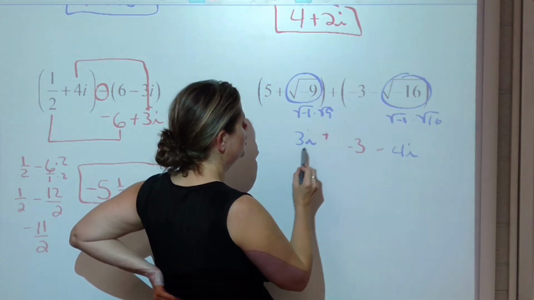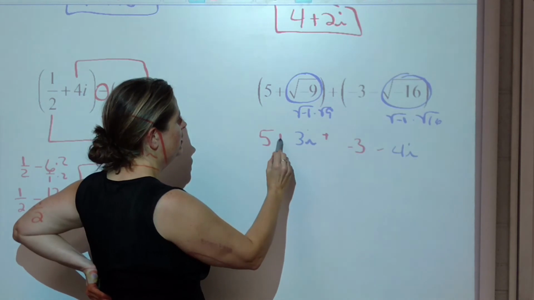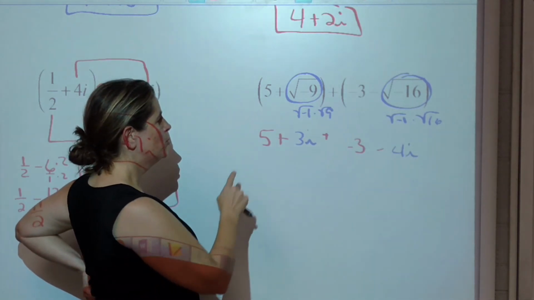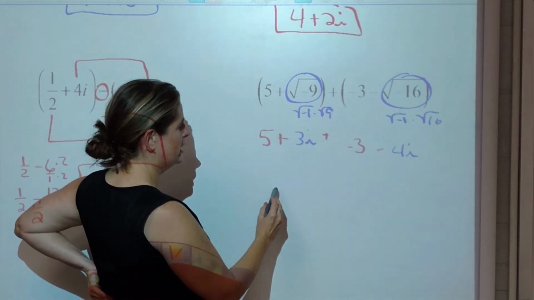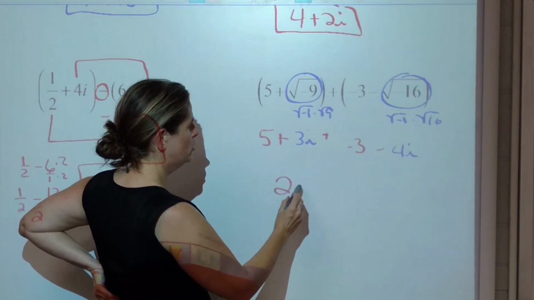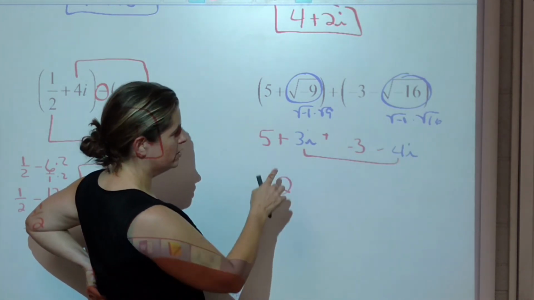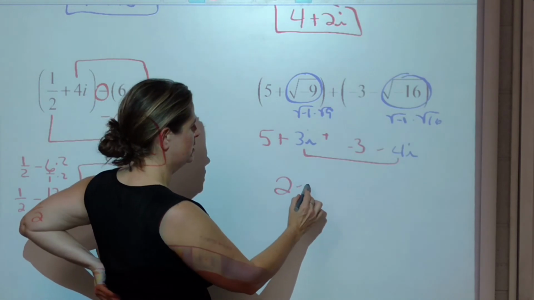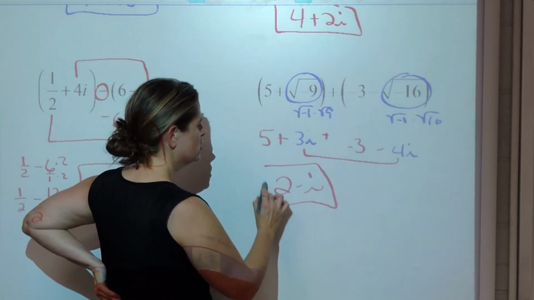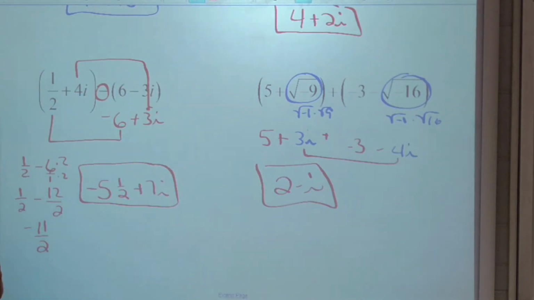I'm adding those. And this is 5 plus the 3i. Put your real parts together. 5 minus 3 is 2. Put your imaginary parts together. 3i minus 4i is a negative 1i. Just like anything else, it wouldn't be an error if you wrote the 1 in there, but it's an understood 1 if you don't.